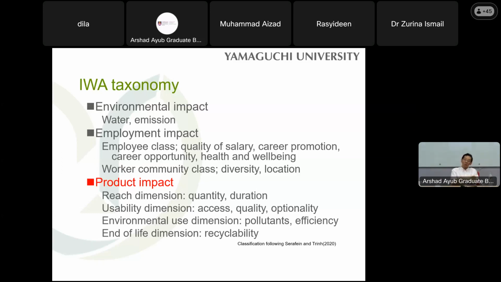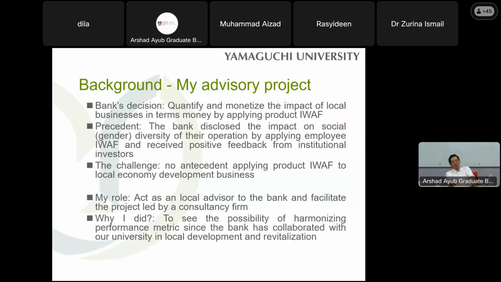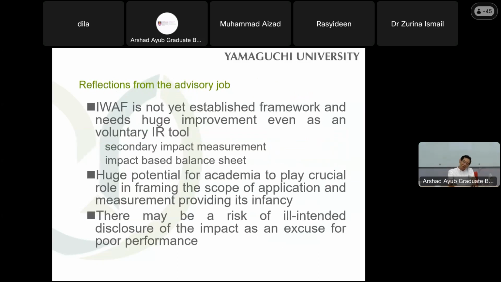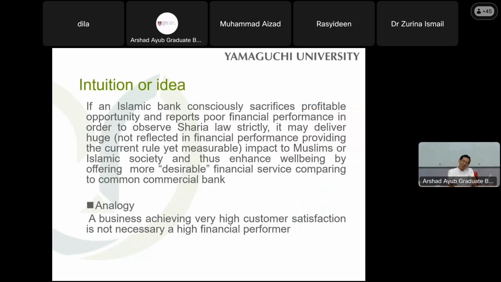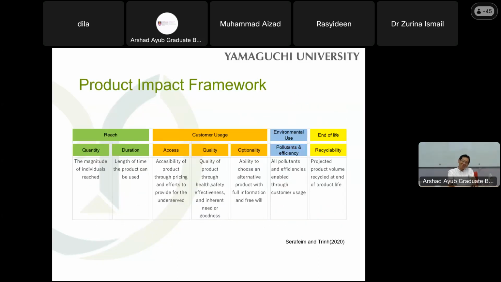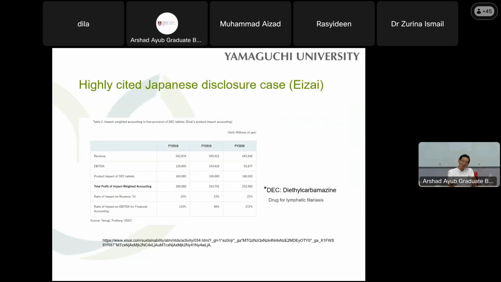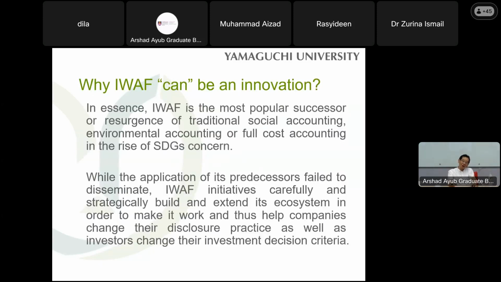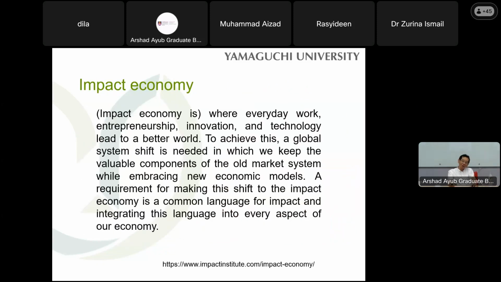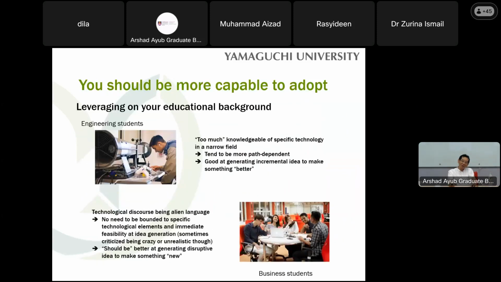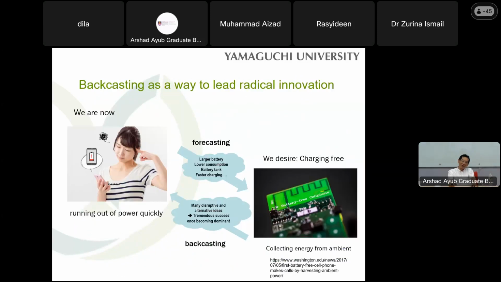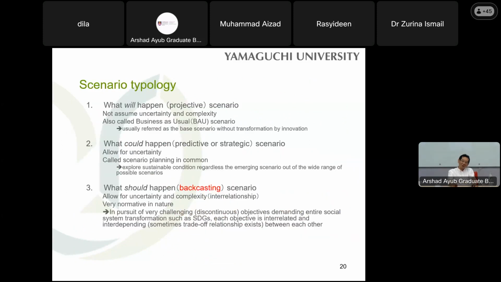I usually start with the PhD student asking about this issue. But if they don't have any specific research topic, I start with this: what will happen in the future?